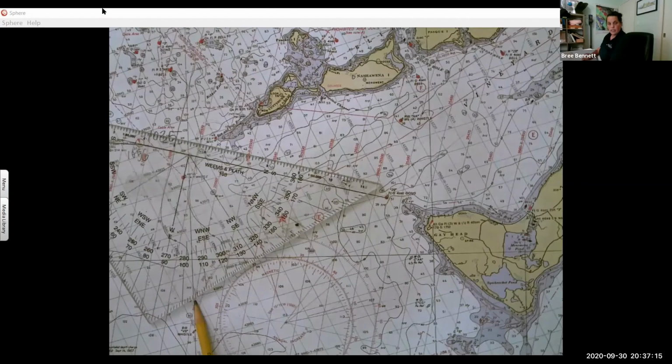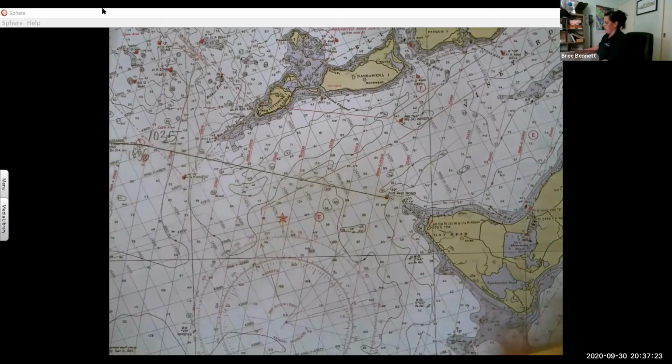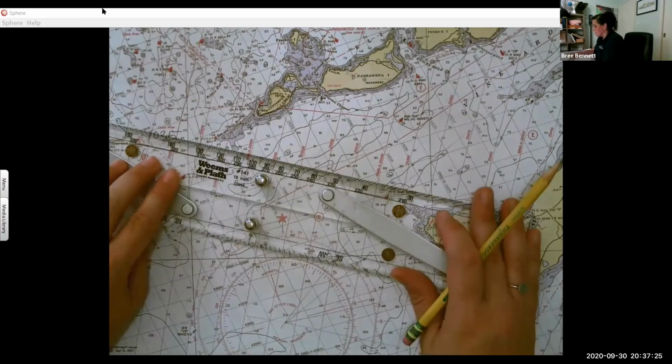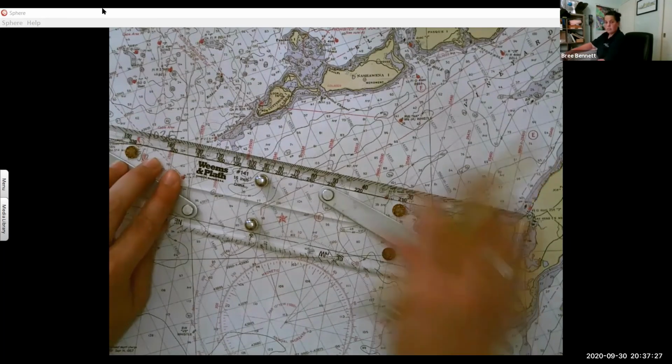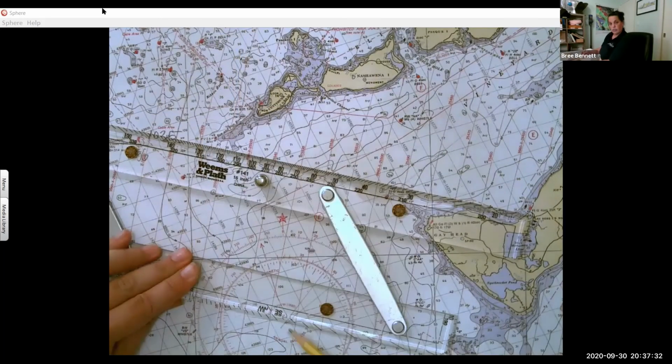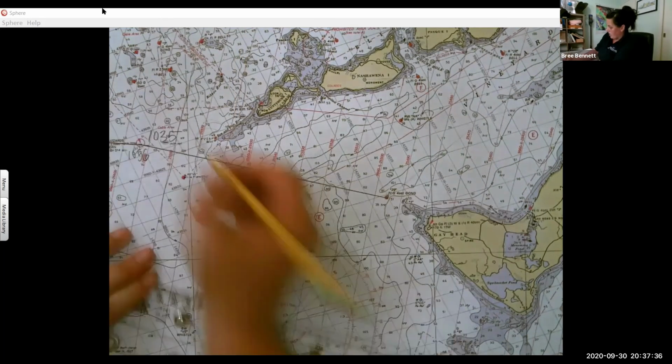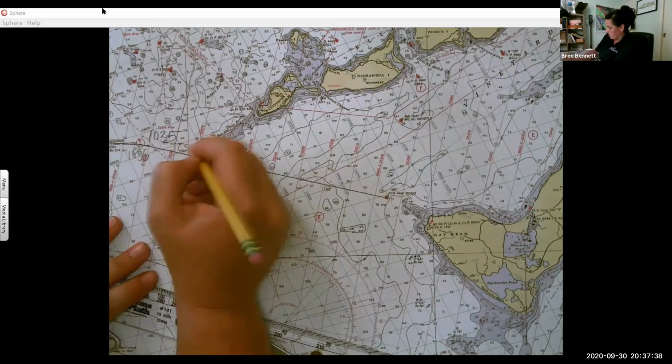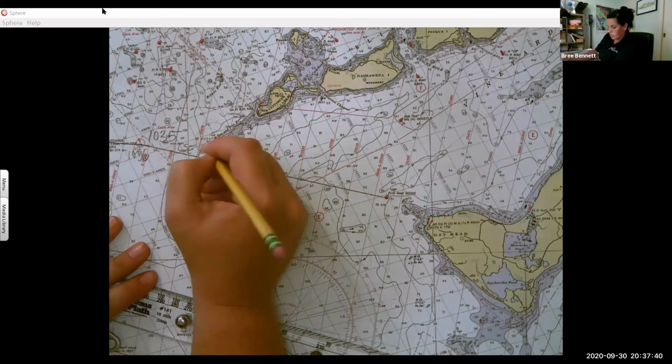So we can read 104 as our true course. With parallels, line up that black line and move it down to the compass rose and draw in your line. So we have a course of 104 degrees true.